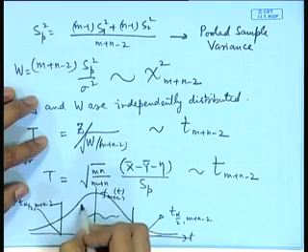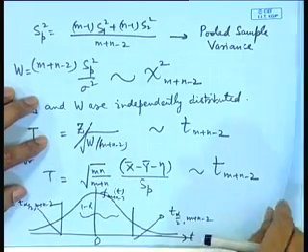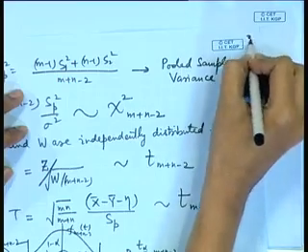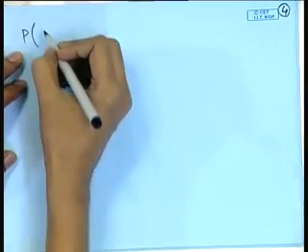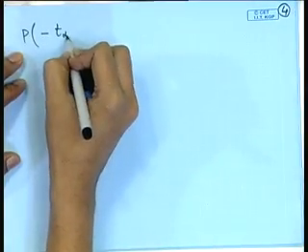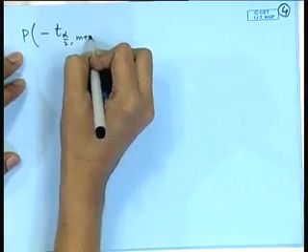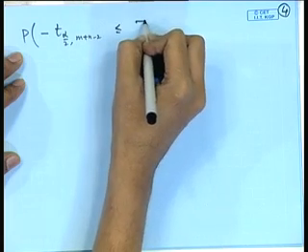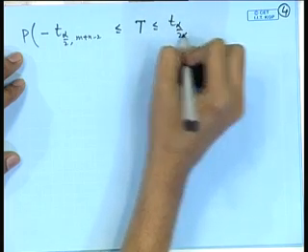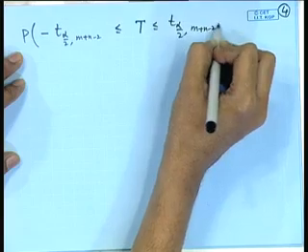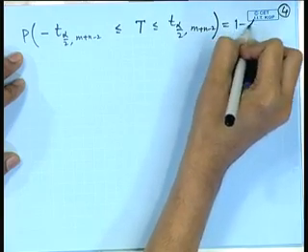So, this intermediate probability is 1 minus alpha, and we are in a position to write the statement that probability of minus t alpha by 2 m plus n minus 2 less than or equal to t is less than or equal to t alpha by 2 m plus n minus 2, that is equal to 1 minus alpha.